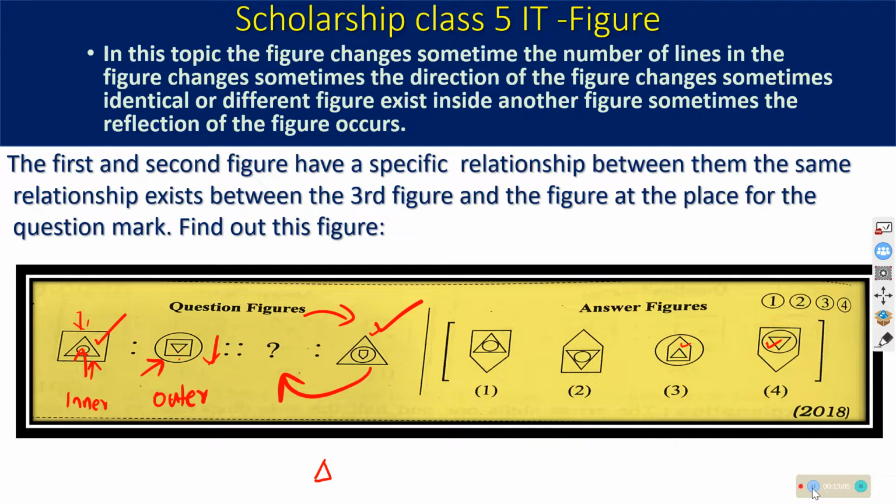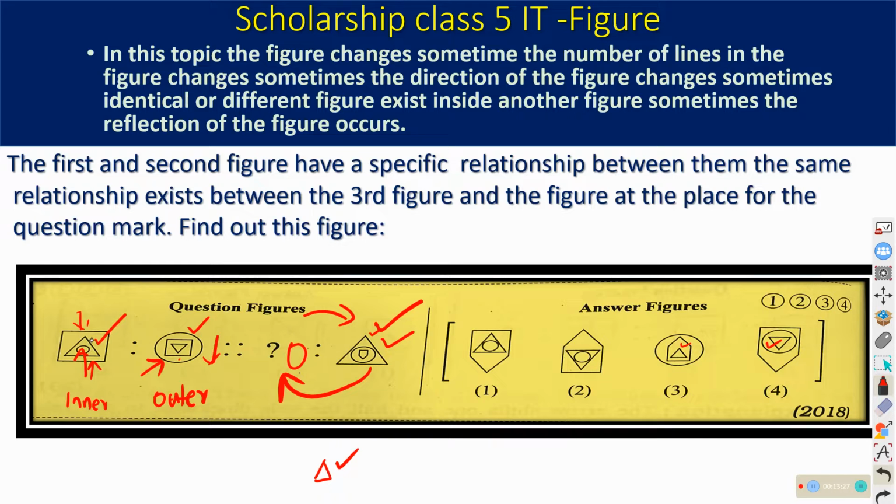So we know that triangle will be inside because the circle here in the previous case was the innermost. So here it is triangle outside, the innermost figure will be triangle.